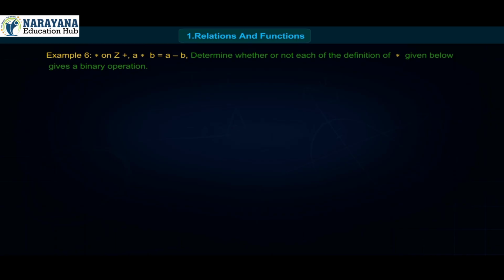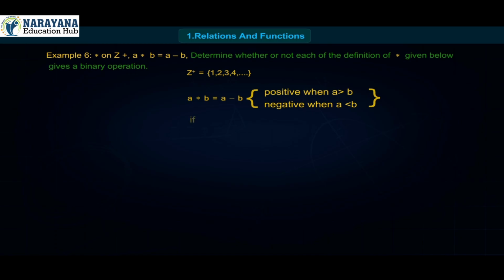Example 6. Star on Z plus, a star b is equal to a minus b. Determine whether or not each definition of star given below gives a binary operation. Solution. Z plus is equal to the set {1, 2, 3, 4, up to infinity}. a star b is equal to a minus b, positive when a is greater than b, negative when a is less than b.